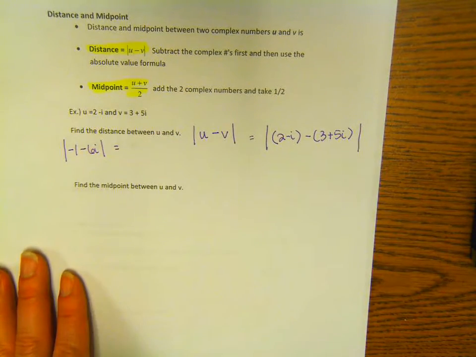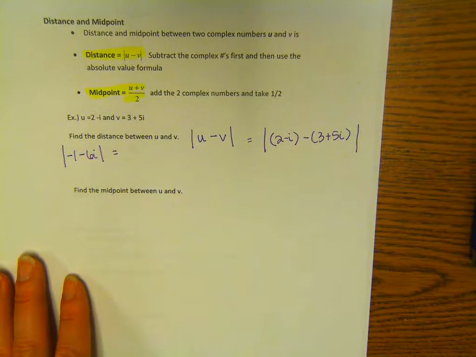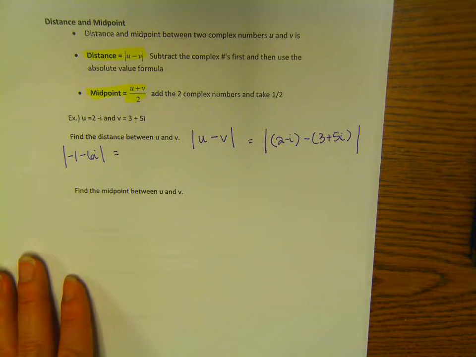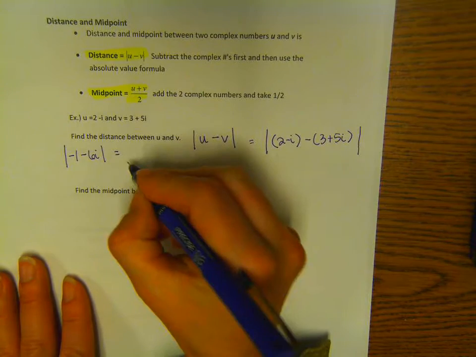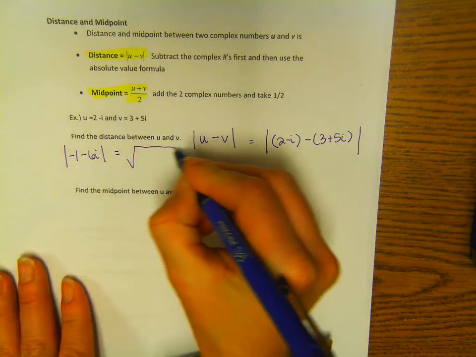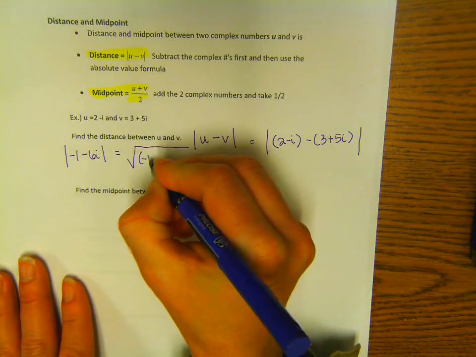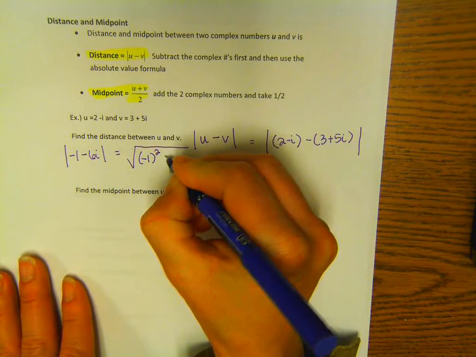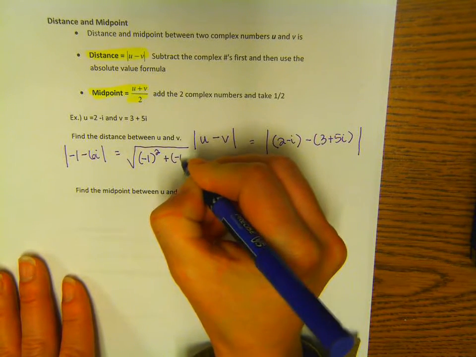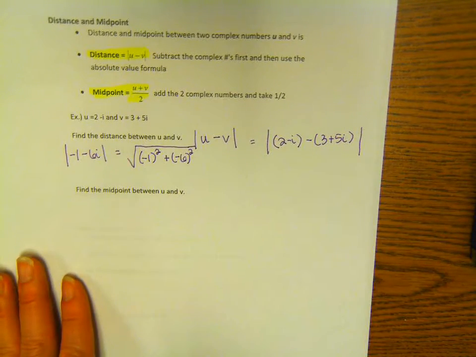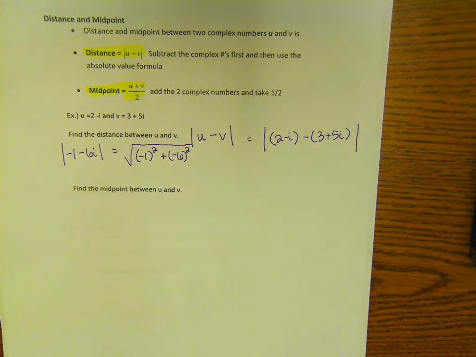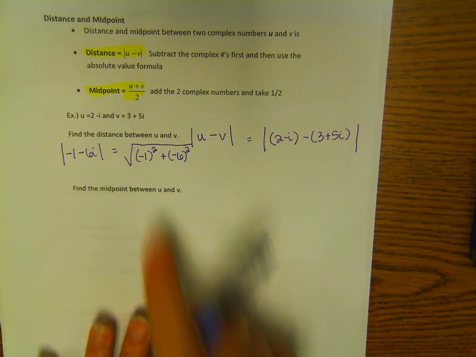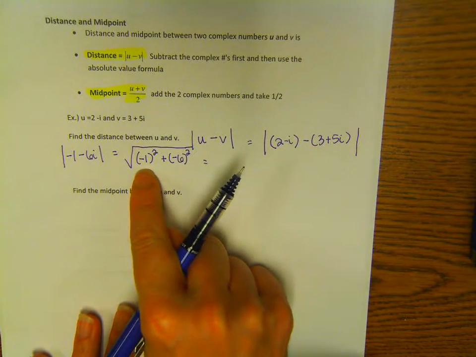So then I would use the absolute value formula from the previous page. And we're going to take the square root of negative 1 squared plus negative 6 squared.